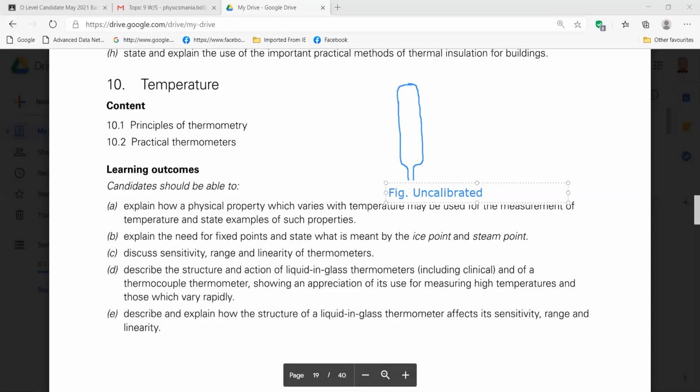Uncalibrated means unmarked. Unmarked, or you can say unlabeled, or unscaled. Unscaled thermometer, right? Yes.